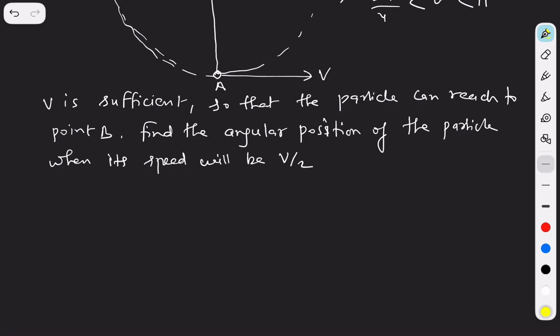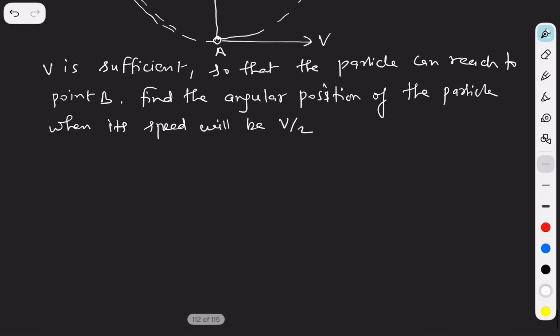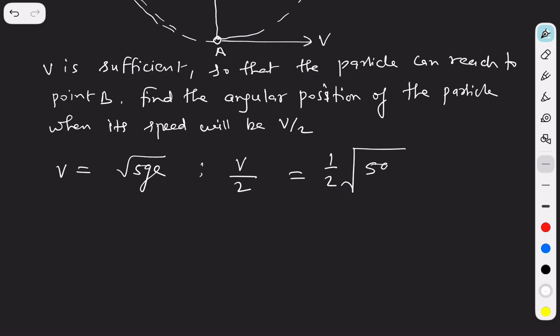So the first thing we will calculate from here is that V will be root 5gl. What we are looking at is that we want the speed to become half of that. What should be the angular position? So V squared by 2 will be half of 5gl, which is equal to 5 by 4 gl.